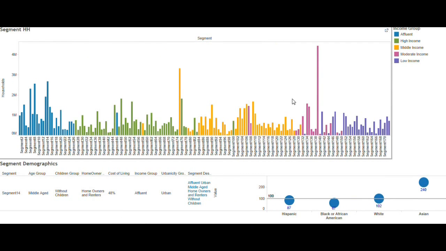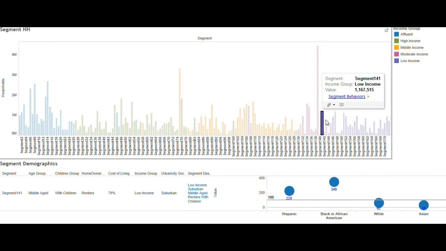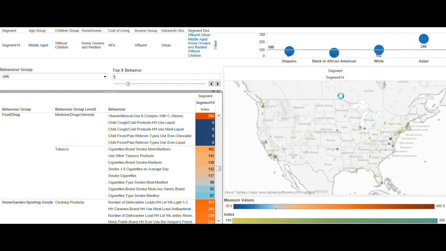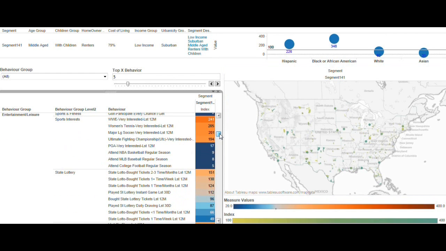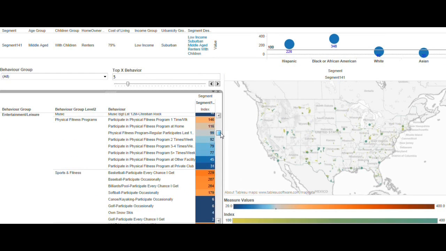Let's look at other examples. Let's look at one of the segments here on the right side, which are the ones that are least affluent. Let's look, for example, at segment 141, and we see that they're middle-aged with children, renters, low income, highly indexed to be Black or African American. We can also see where that specific segment is located and what the key characteristics are. We see the main zip codes and the low zip codes for that specific segment, and we can also see again the different things that they do.